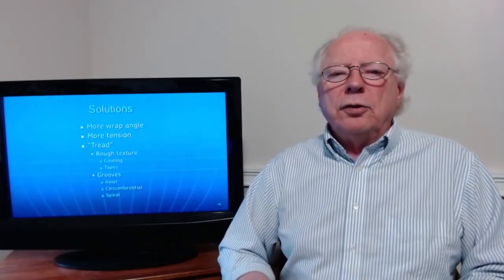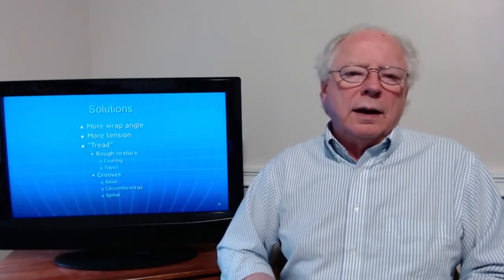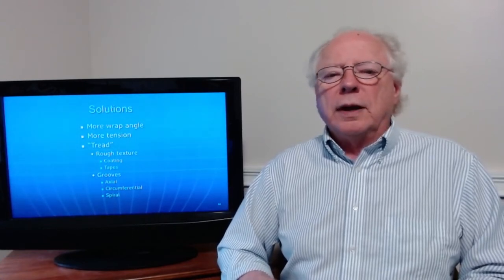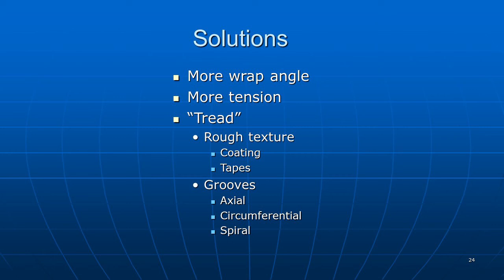Now, there are some solutions here, and again, these fall out of the formulas that we've looked at. More wrap angle helps. And so if that's easy to do and inexpensive, that might be a solution. More tension could help improve traction. That's not always a desirable option, especially if you're trying to run low modulus, thin, low tension webs. Tread is a common solution.